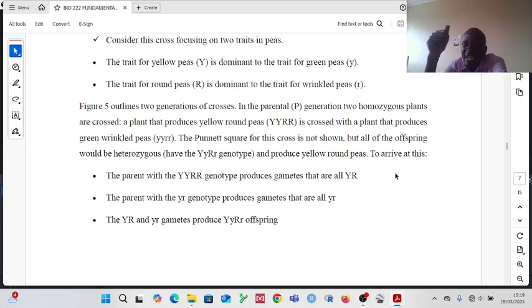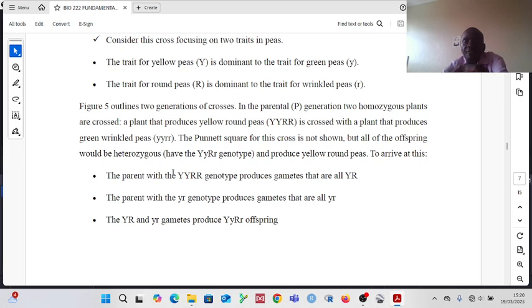So for us to have the recessive trait expressed, it must be homozygous recessive. That's why we have both small y's and both small r's. Because if we had a capital Y here, it would not be green, because yellow is dominant. If we have a capital R, round is dominant. But because it is green and wrinkled, all of it must be recessive, homozygous recessive.